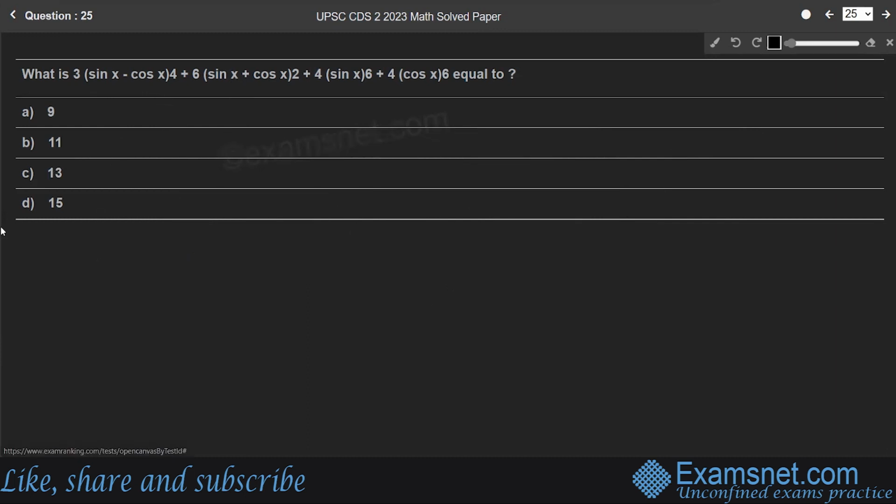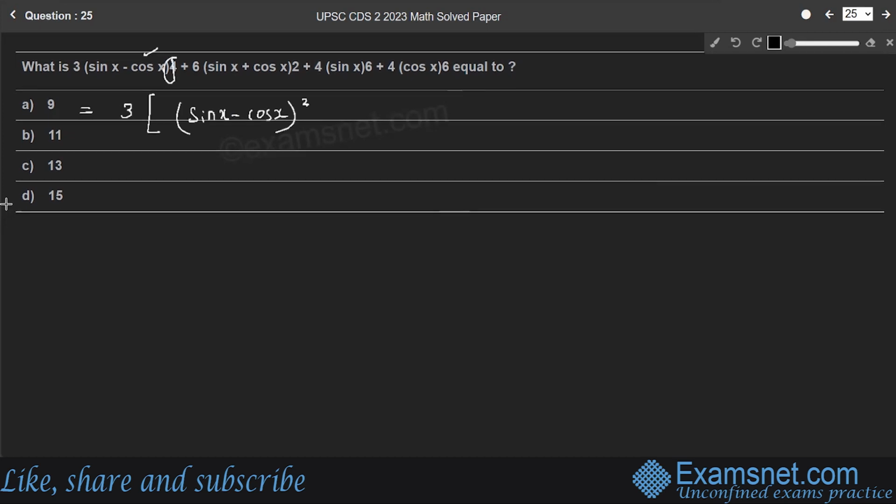So the second method is by considering the given expression, in which I can write the first term as 3 into (sin x minus cos x) square, the whole raised to 2.